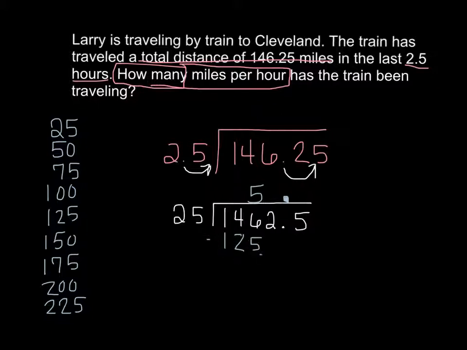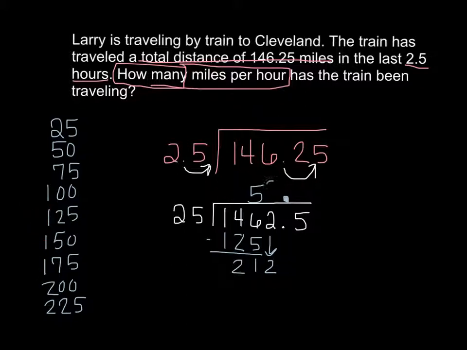Do our subtraction. 6 minus 5 is 1. 4 minus 2 is 2. And we're going to bring down the 2. Now we have to see how many 25s go into 212. And that's 1, 2, 3, 4, 5, 6, 7, looks like 8.